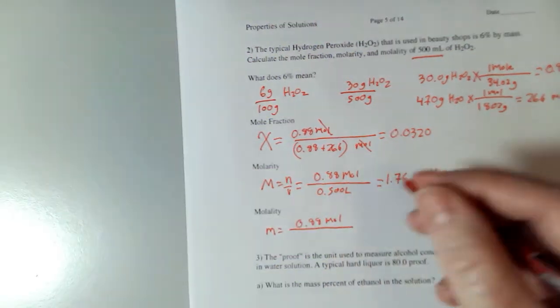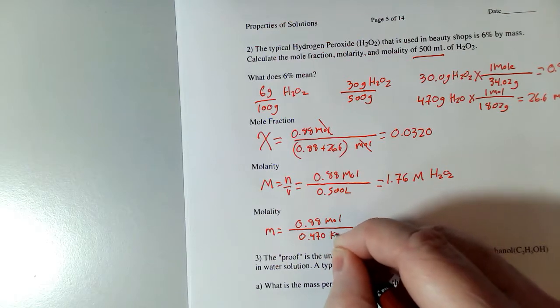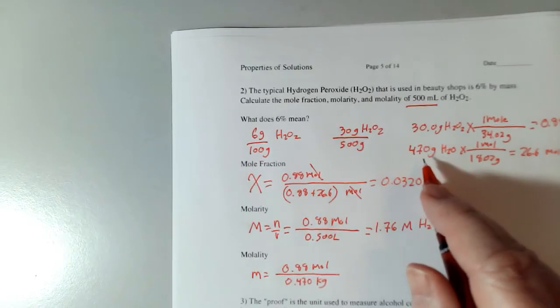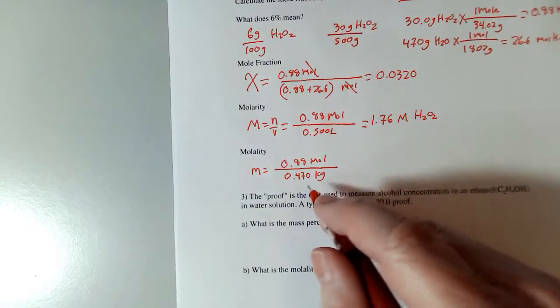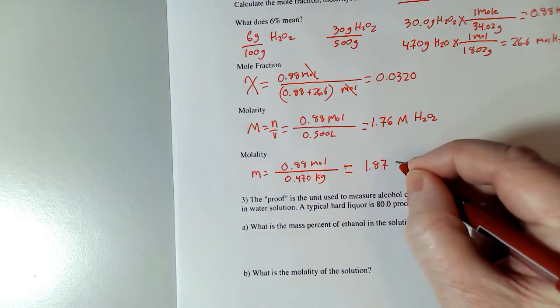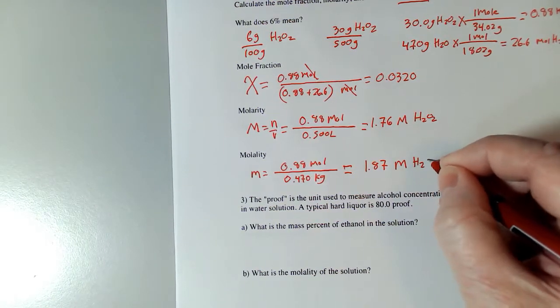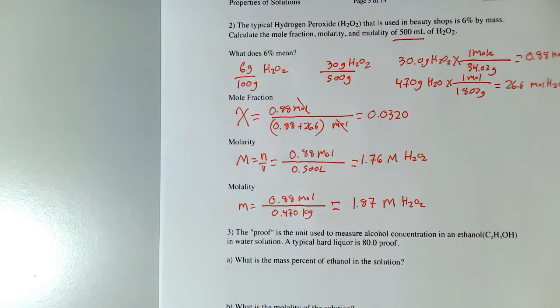And here's a really important thing. 0.470 kilograms. It was 470 grams. So I divided that by 1,000. Because remember, that's solvent only. And that's 1.87 molal H2O2. Okay. Get that centered there for you.